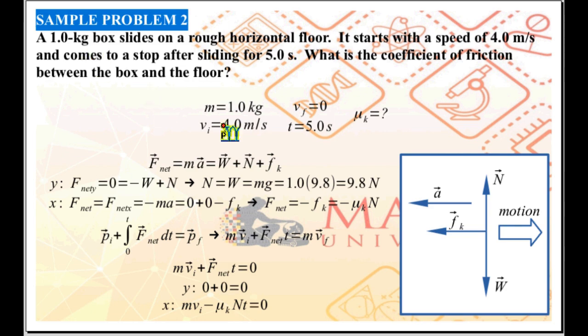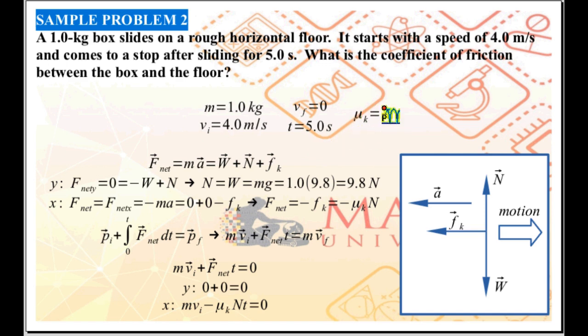The mass of the box is given, 1 kilogram. The initial speed of the box is 4 meters per second. The box comes to a stop, so the final speed of the box is 0 and the elapsed time t is 5 seconds.